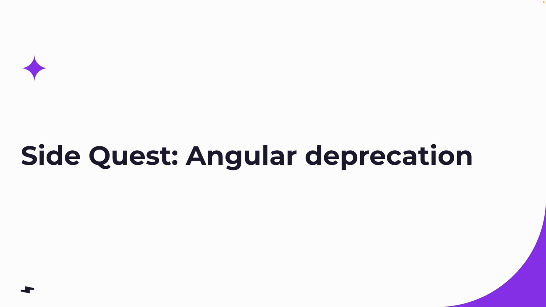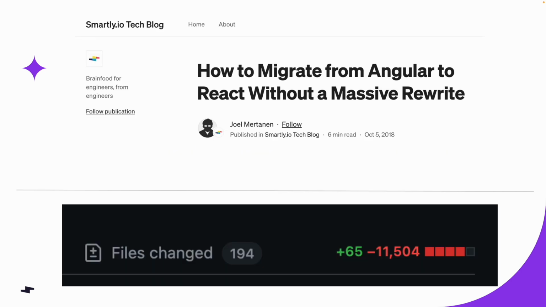Okay, let's go on a quick side quest. This could be an entire 2-hour presentation, but I'm giving it to you in 5 minutes or less. So Angular deprecation started in 2017, when we started to move to React from Angular, and in October 2018 we released a blog post on migrating from Angular to React without a massive rewrite, and that was like everything is almost ready.